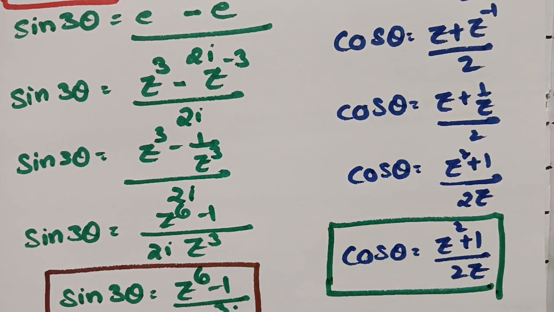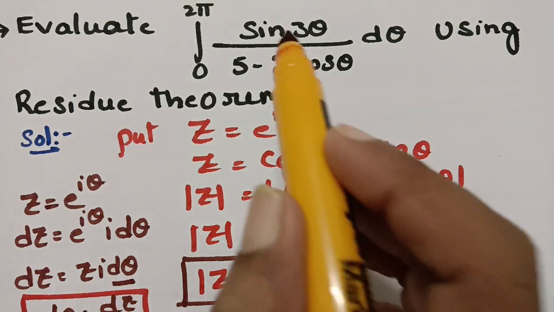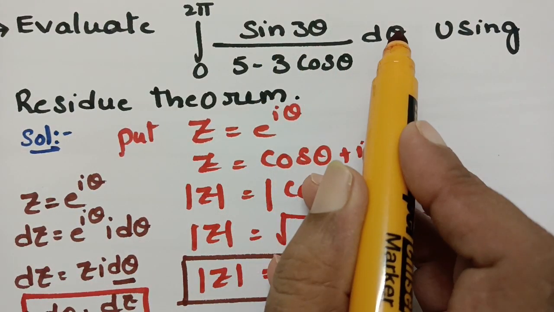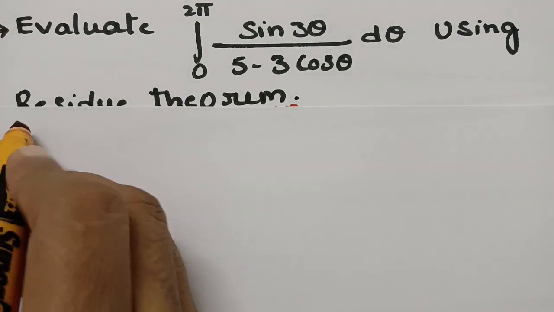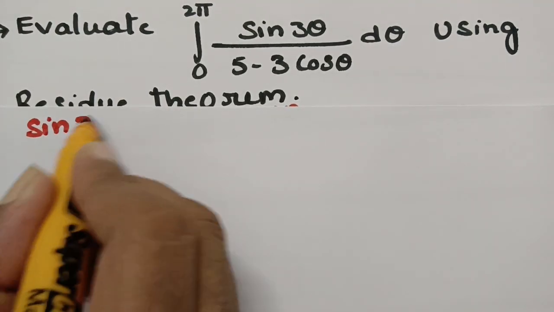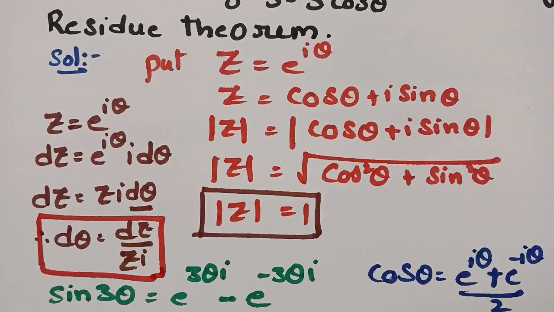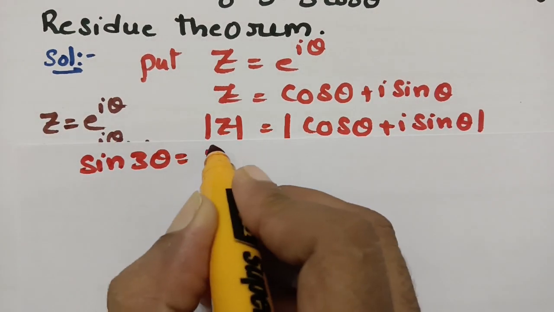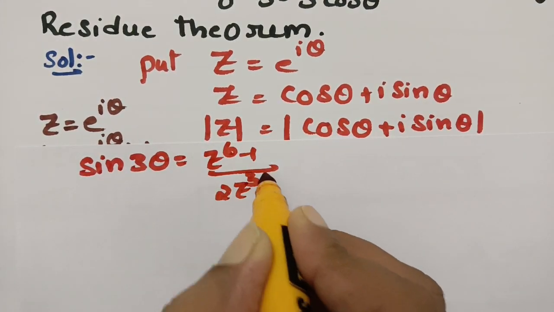Here, first we have to substitute the sin 3 theta value, cos theta value, and d theta value. Every value is ready. As I am writing, the sin 3 theta value is z power 6 minus 1 by 2 z cube into i.